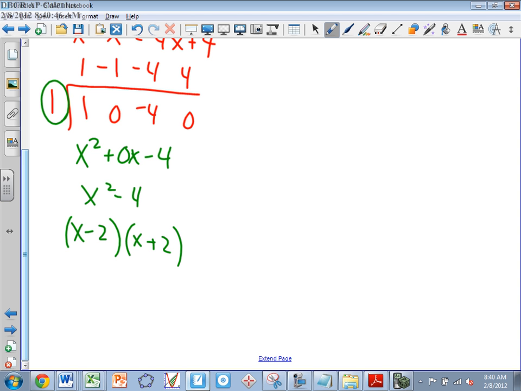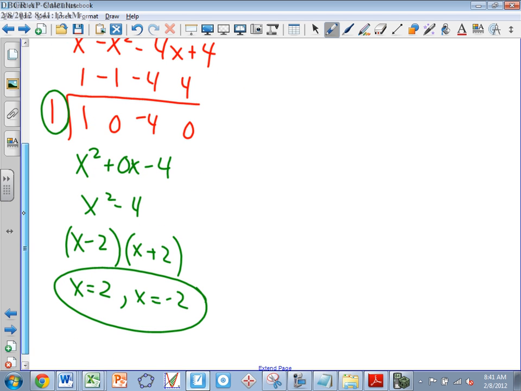Whenever this is a square and this is a square, the square root of each is the result of each of these factors. Again, square root of each, plus or minus. So your roots become 2 and negative 2, which happen to be the same. That's only a coincidence because they're opposites of each other. Remember, the roots are the opposite of the factors. So you really do have to switch the signs, but it doesn't matter in this question. So the roots are 1, 1, 2, and negative 2.